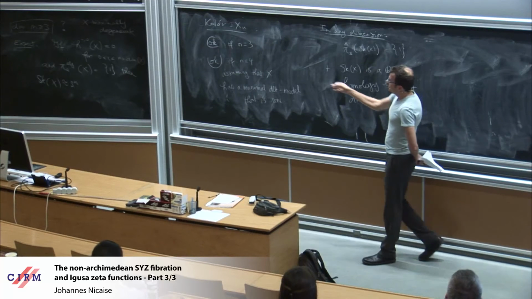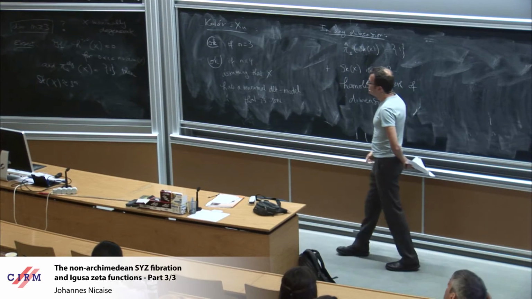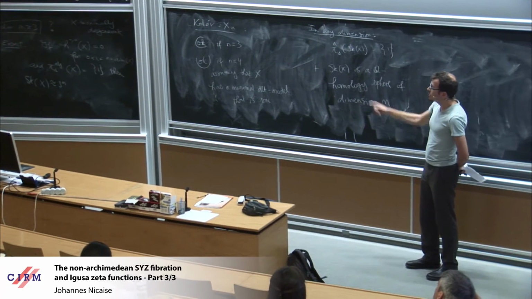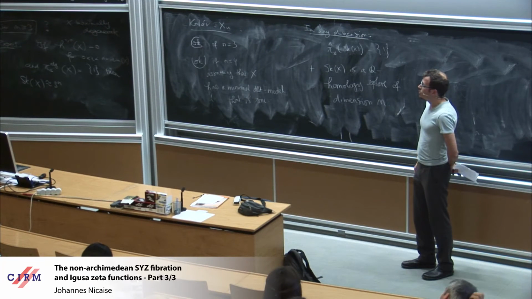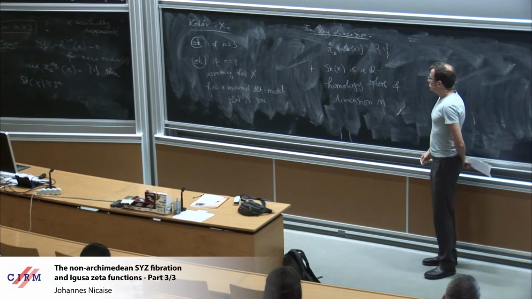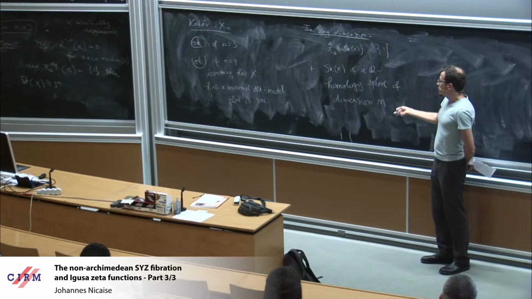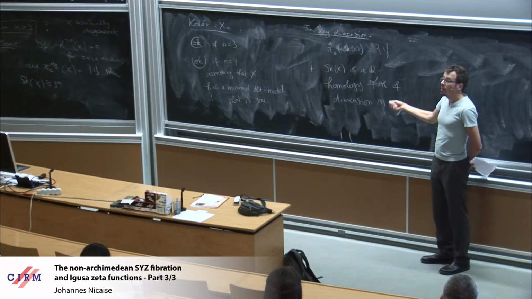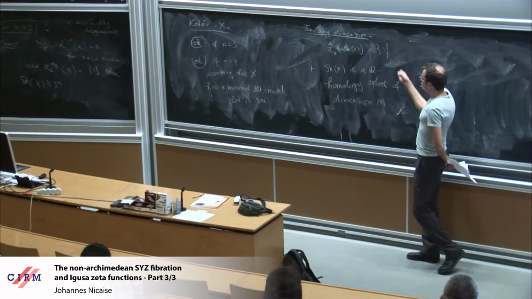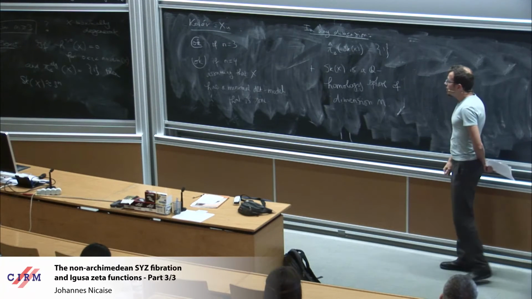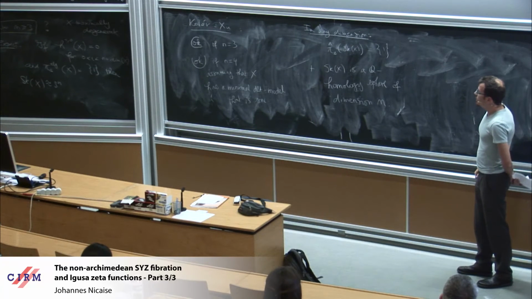In this case, the condition that X is maximally degenerate and that these intermediate Hodge numbers vanish tells us that the limit mixed Hodge structure has the Q cohomology of a sphere of dimension n. And the same thing is true for the essential skeleton, again by the fact that it's homotopy equivalent to the whole Berkovich space. And so these results you can get in a fairly straightforward way.